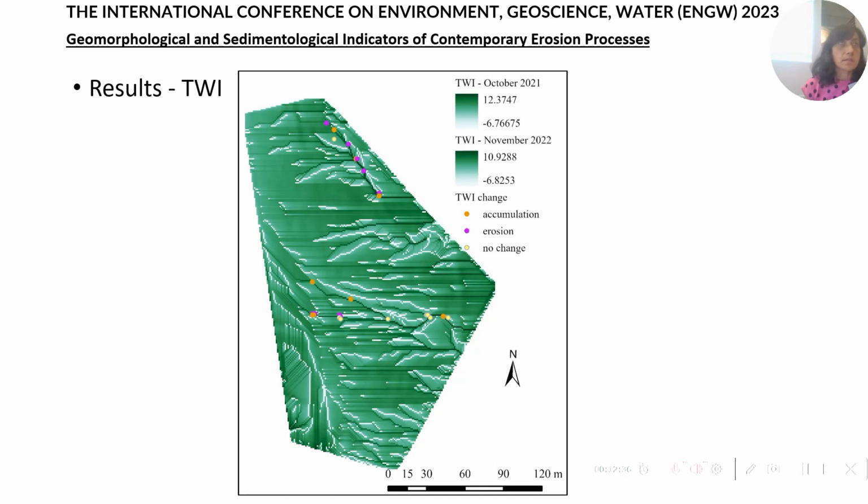The differences between the surfaces of topographic wetness index from the data of October 2021 and November 2022 allow us to determine points of accumulation, erosion, and no change.